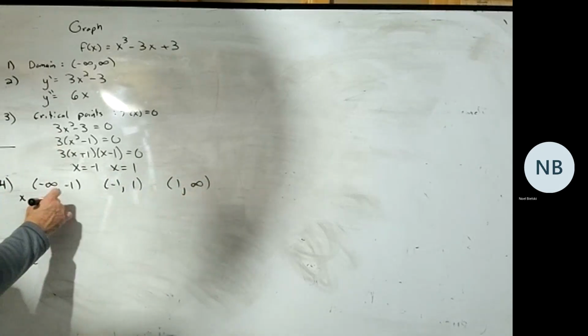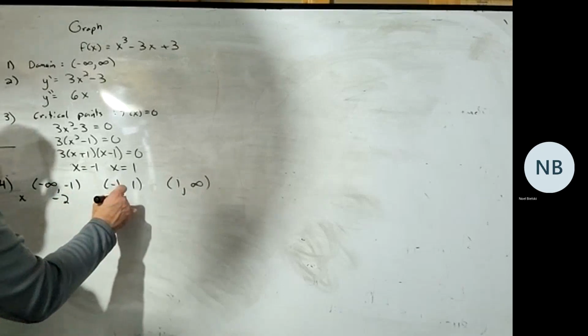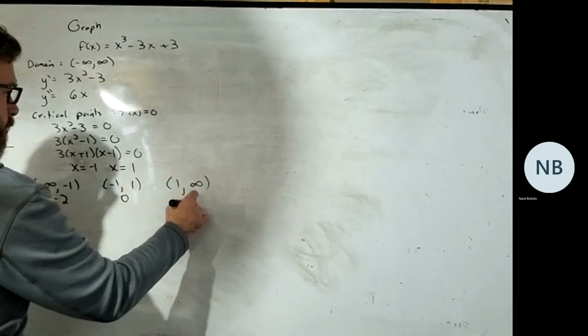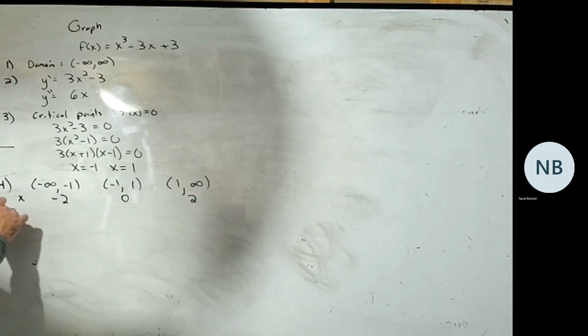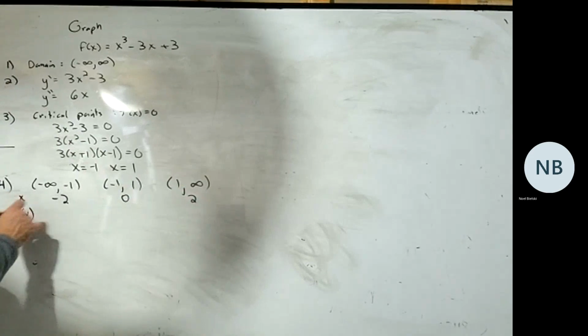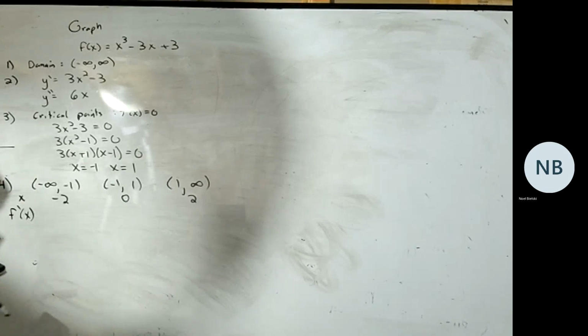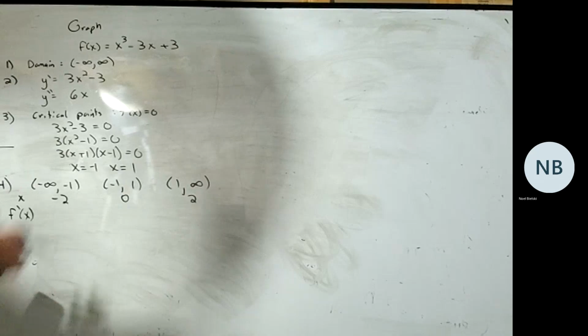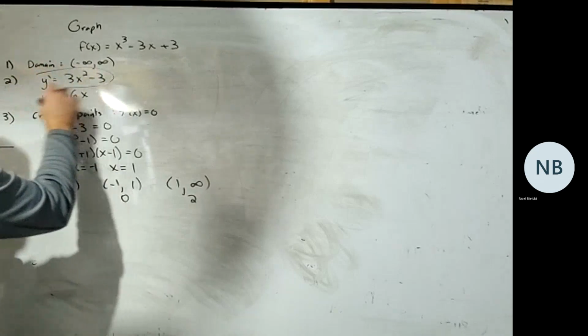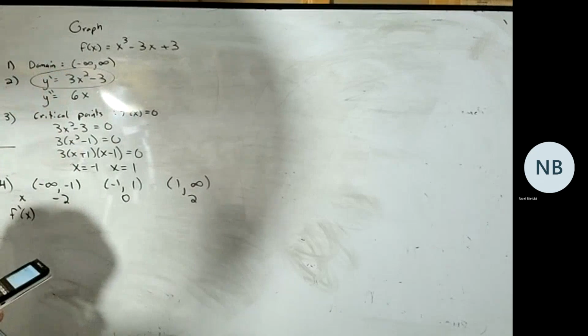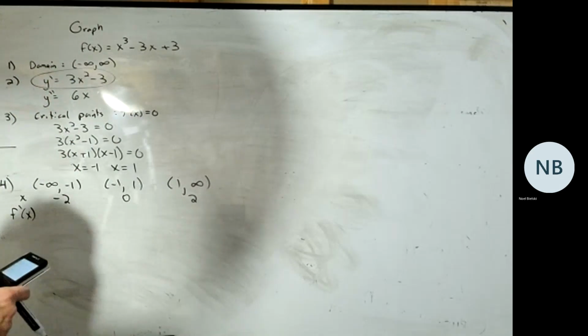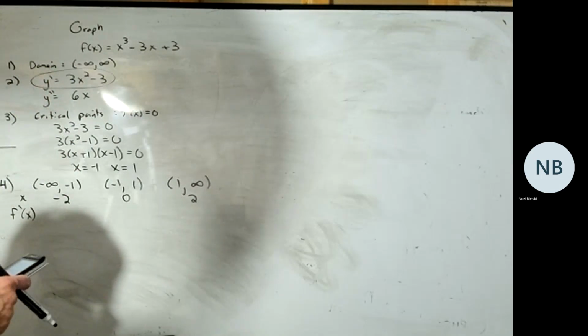Let's pick -2, an x value here maybe 0, and an x value here 2. And then we'll plug it into the first derivative. This is what tells us if it's going up or down, right? Increasing and decreasing. So remember, to figure out increasing and decreasing, we're using the derivative, 3x squared minus 3.